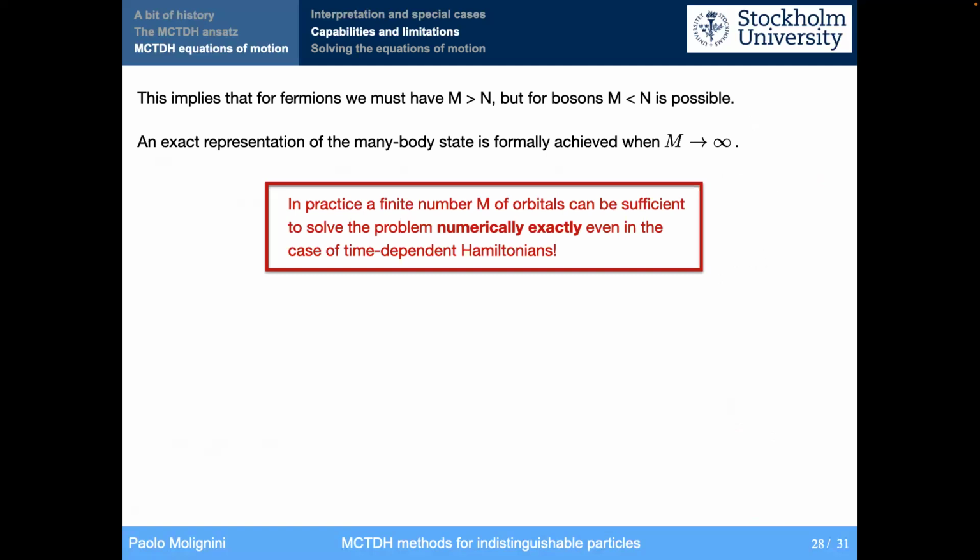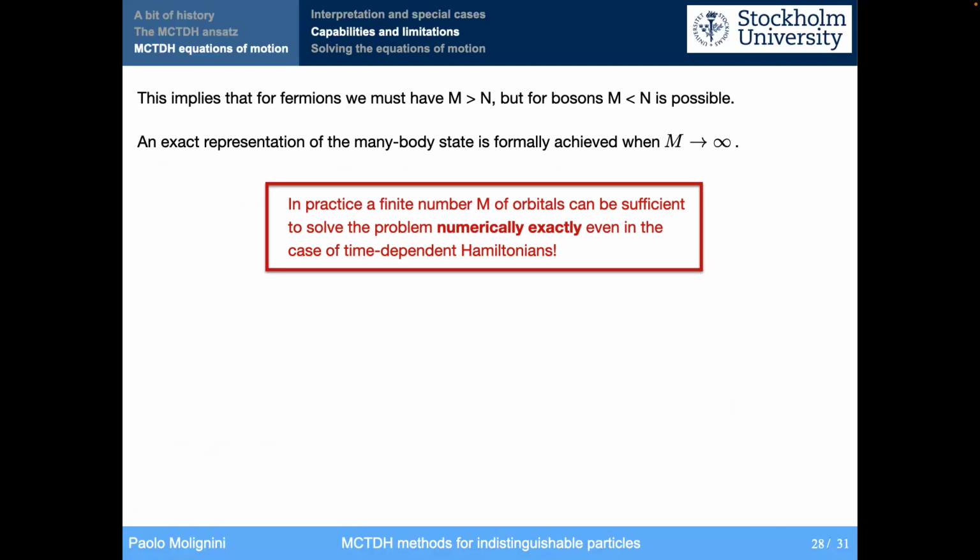And this is what you will do in the tutorials today. You will see that you can obtain a numerically exact solution in the sense that you have a problem that has an exact solution. In the case for today, that would be the harmonic interacting model. And then you can see that as you increase the number of orbitals, you converge to the exact same energy, the exact same density, and so on, within a given number of decimal places of the exact result.